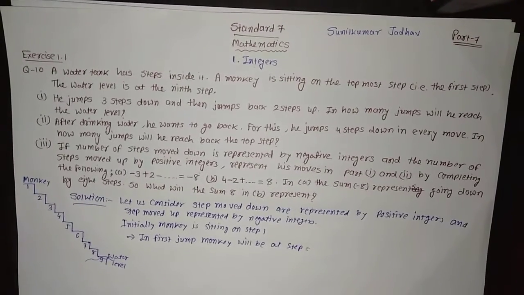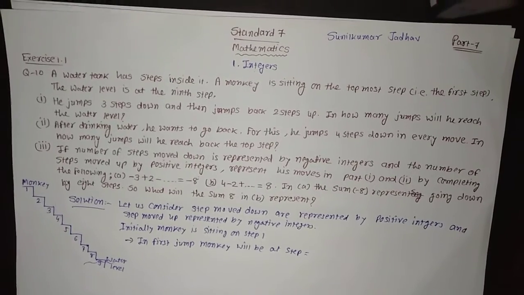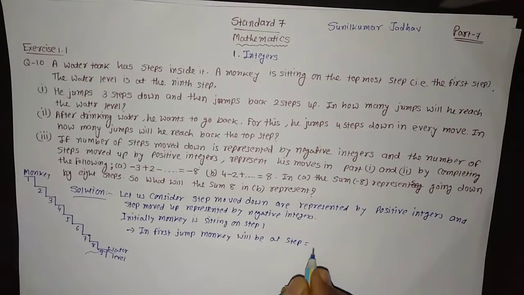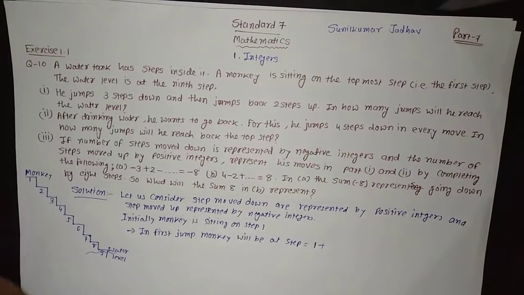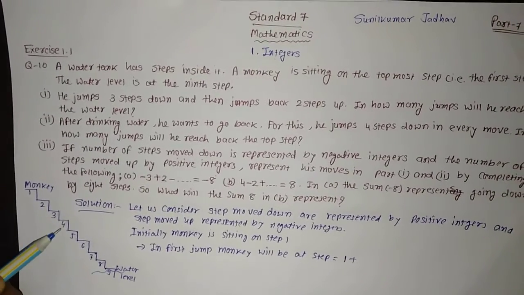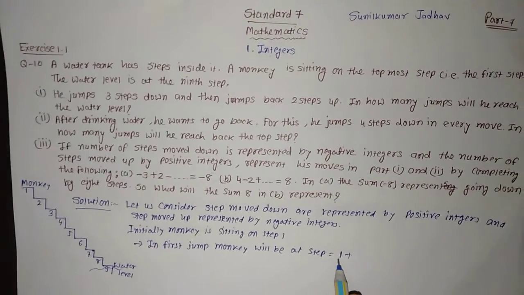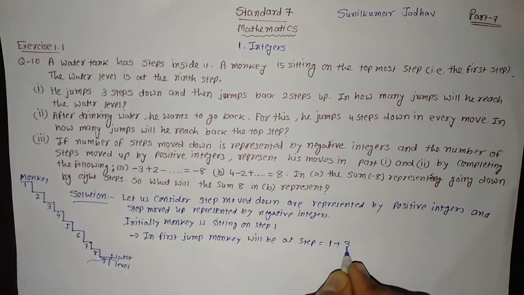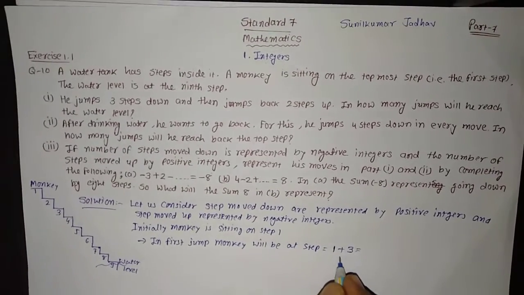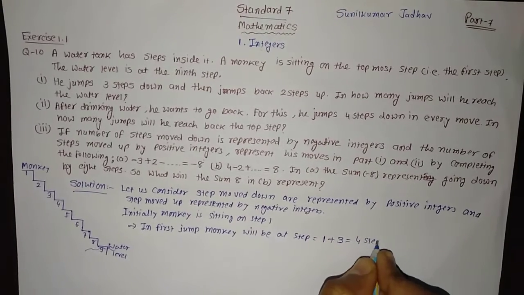You know what the monkey was doing: 3 steps down and 2 steps up. First he was on step number 1, as you can see in the figure. He jumped 3 steps down, then he will be on the 4th step. So I will write step 1 plus 3, since positively he has gone down. So 1 plus 3 is equal to 4th step.